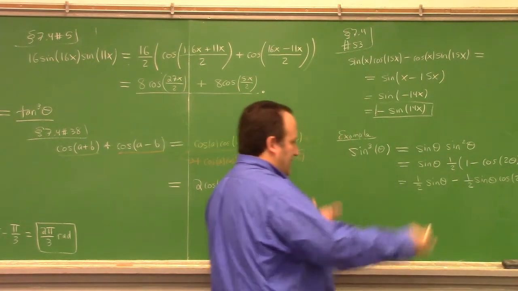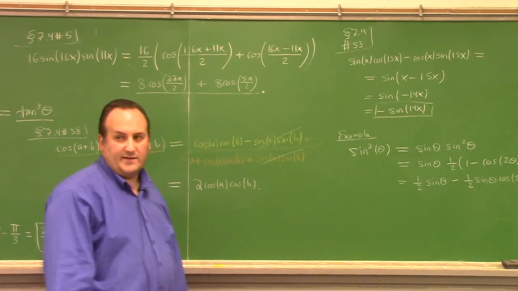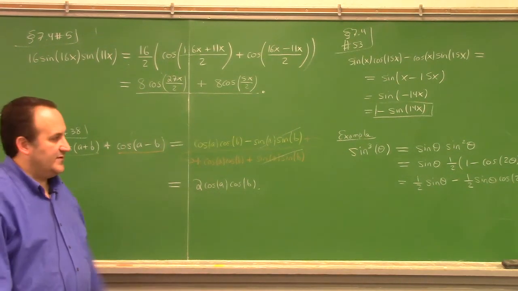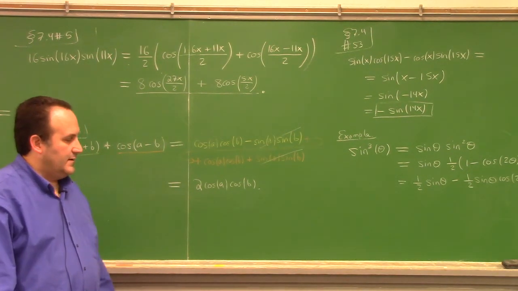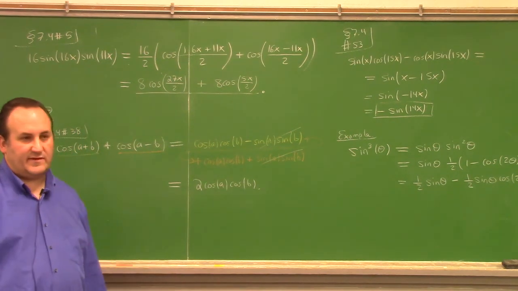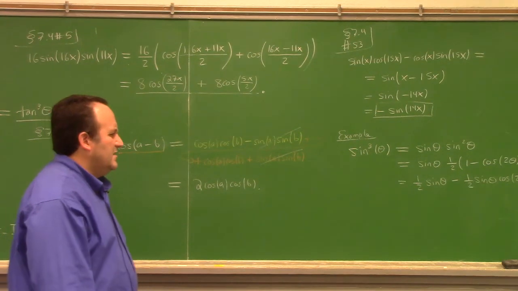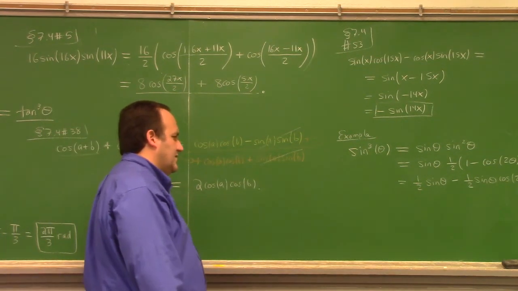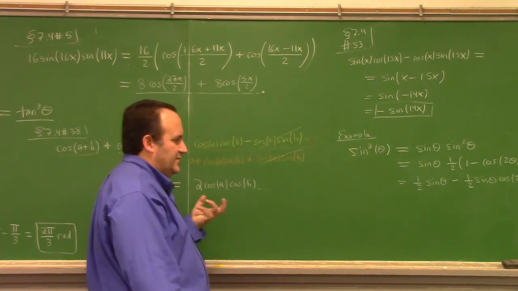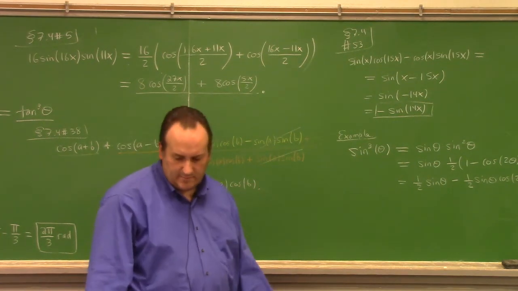And so you could leave that as an answer, right? We have no powers of sine, or if I said just write it in terms of sine and cosine not raised to powers, perhaps we have it. Could we simplify this any further? Like cosine 2 theta, how can we rewrite that?